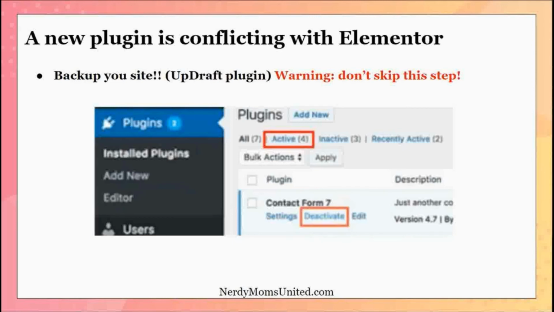The next step pertains to if you recently have been installing new plugins that are conflicting with Elementor. If you recently just installed one, then this is a really fast process, but I do highly recommend that you do a backup before you start. I use the free Updraft plugin, and it's 100% free. I love it, and I would recommend it if you don't have a backup restore solution.